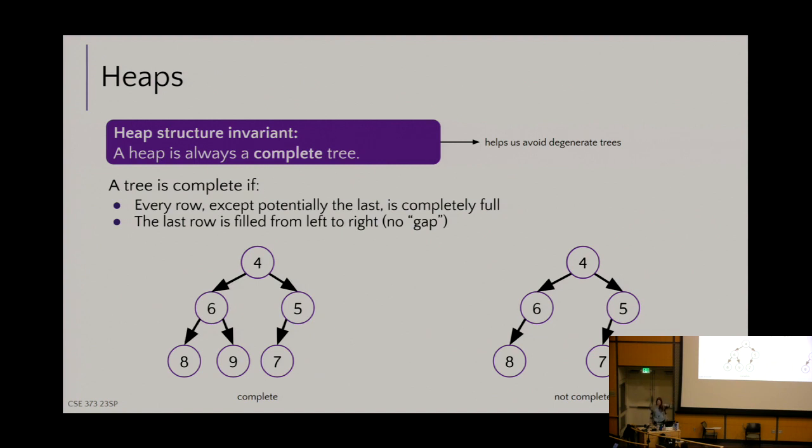If that 7 instead was pointing to 6's right child, this would be a complete tree. But it's not. We kind of skipped that little right child of 6. That's a gap. This is not a complete tree. Any questions? If you remove 7, is it complete? What do we think? Yeah, I agree. It would be. 7's really the one mucking it up here.